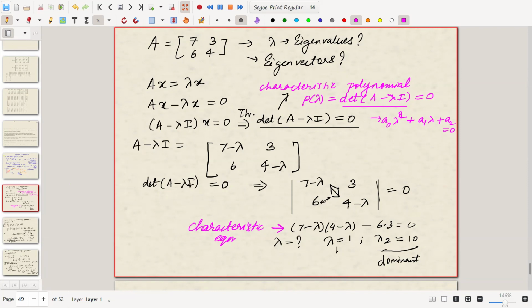If you have 4 by 4 matrix, quartic polynomial. 5 by 5 matrix, quintic polynomial. 6 by 6 matrix. You know that the complexity increases as you increase the size of the matrix. So therefore, this is the idea.